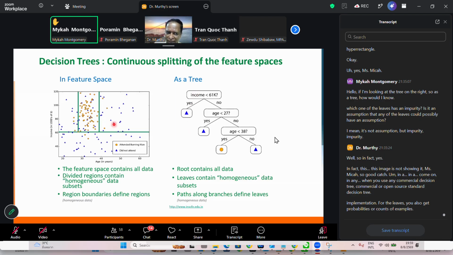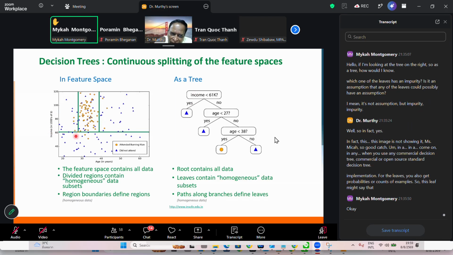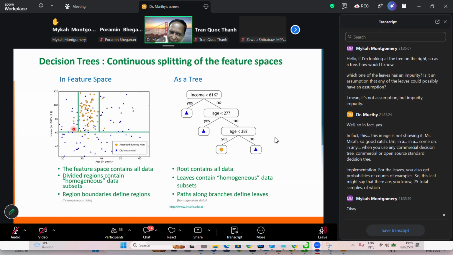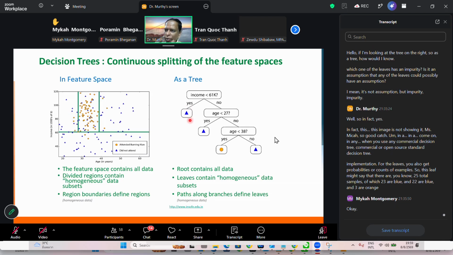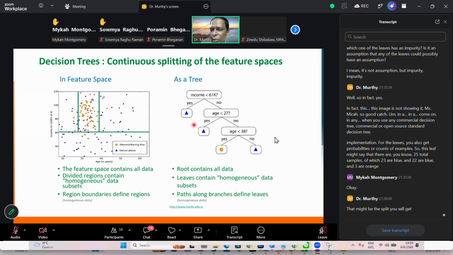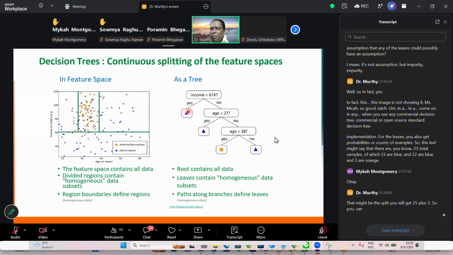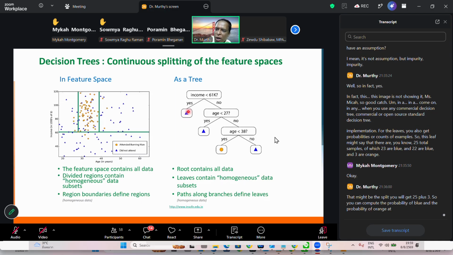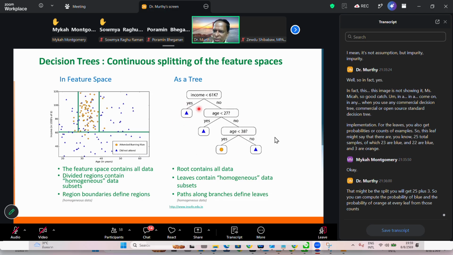So this leaf might say that there are 25 total samples, of which 22 are blue and 3 are orange. So you can compute the probability of blue and the probability of orange at every leaf from those counts. This is only a simplified representation. Okay, great. Thank you.